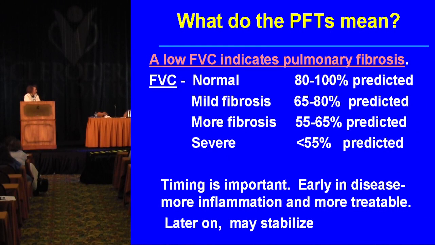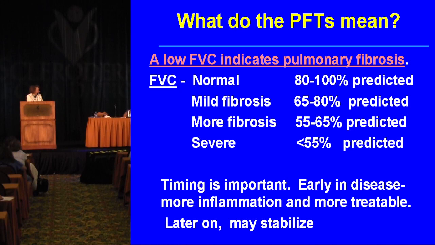So normal is usually around 80 to 100. Many people, almost all sclerodermas, have some fibrosis, and so usually if your number's between 65 to 80%, that's considered mild to moderate fibrosis, maybe a little bit more.